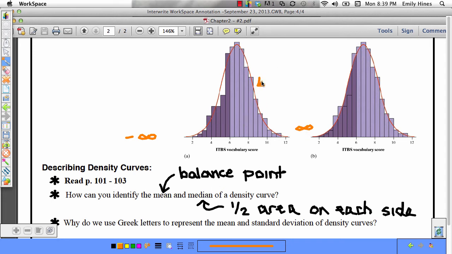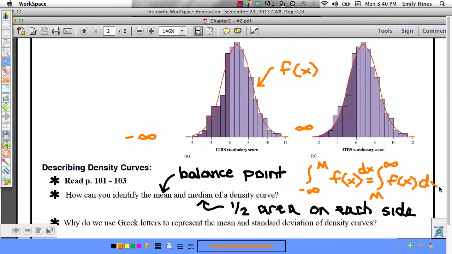So if I know the equation for my density curve, we call that f of x, I can find out what m is by integrating from negative infinity to m of f of x dx, and I know that that area must equal the area from the median to infinity of f of x dx, because I know that half of my area, which is the integral of the curve, is on each side of the median. So you don't have to do that for statistics, but if you're taking calculus, just another way to look at it.